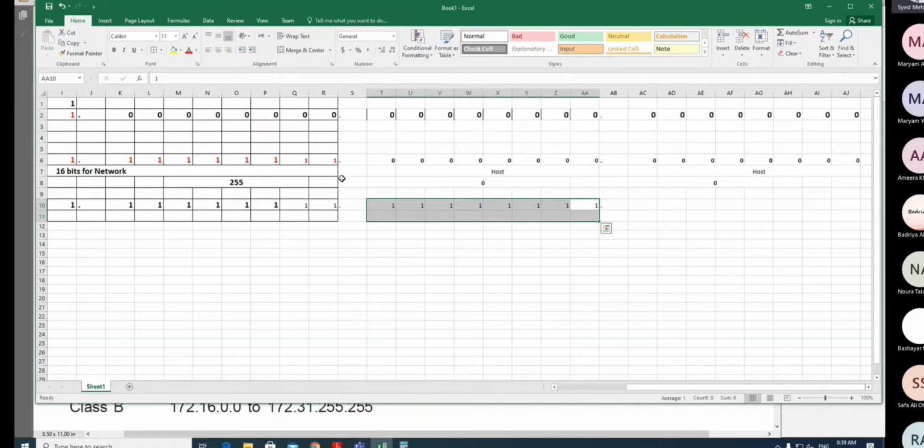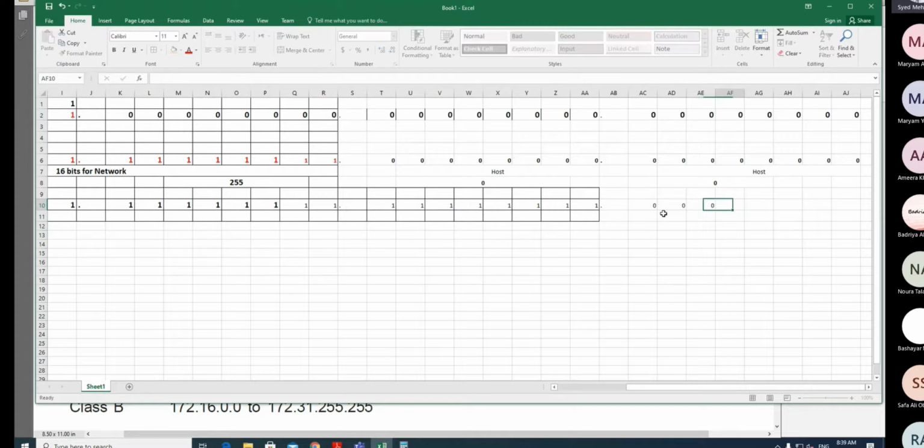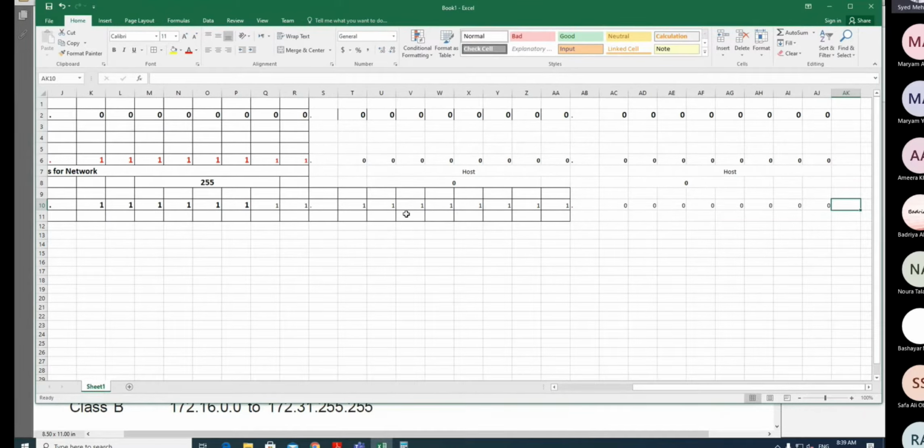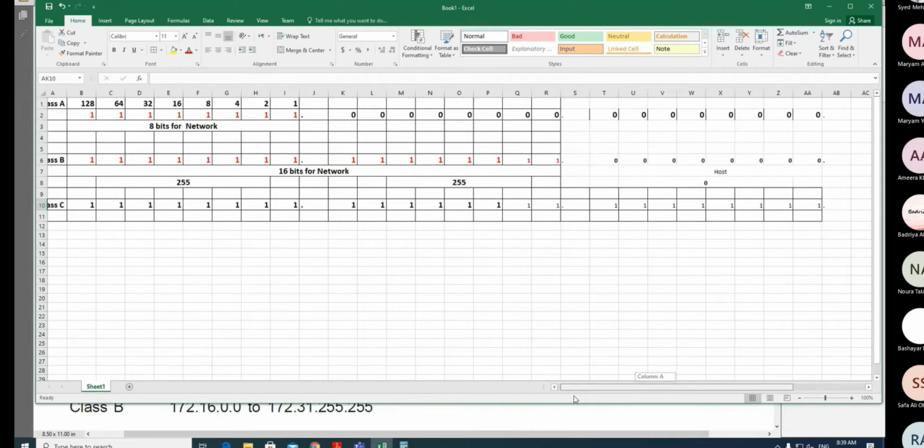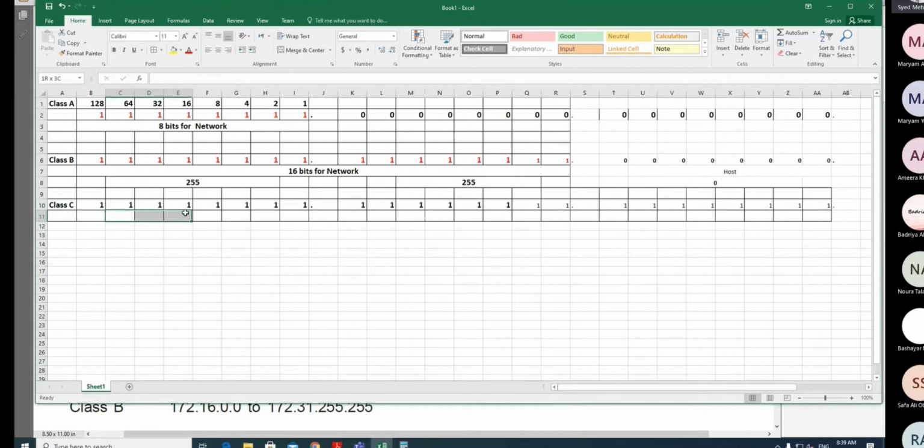So here, now only 8 bits for the host, 1 2 3 4 5 6 7 and 8. Here it will be 255. Let me write.